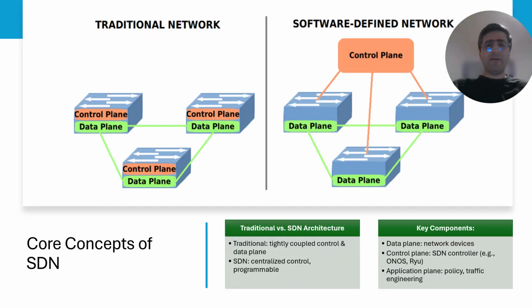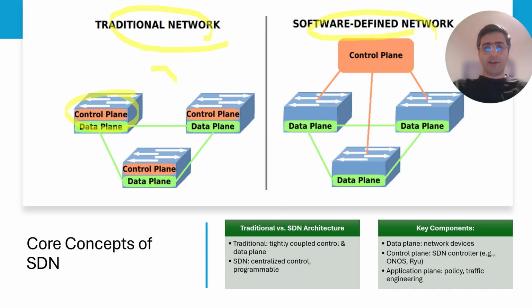To understand the value of SDN, we start by comparing it with traditional networking. In traditional architecture, the control logic is embedded in each network device, making centralized management difficult and costly to scale.